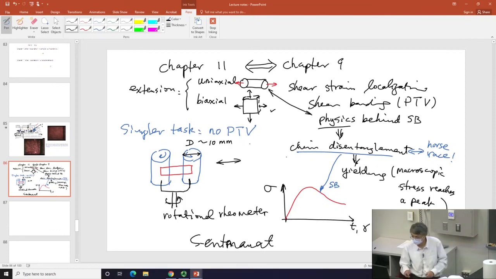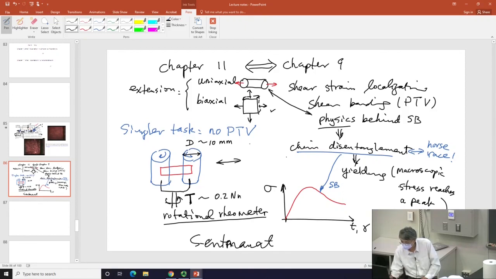And torque, of course, is what you have as your specification in your rotational rheometer. For example, the torque in a commercial rheometer is 0.2 Newton meter.